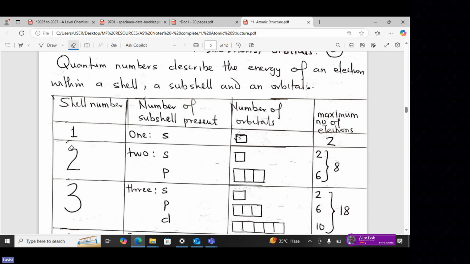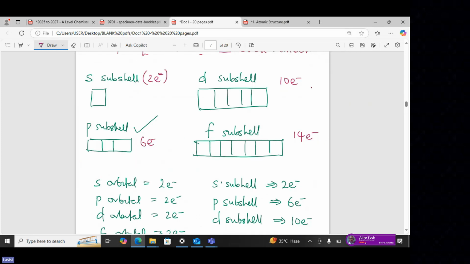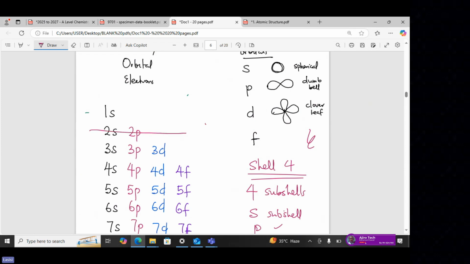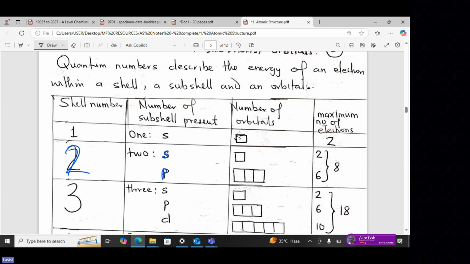Now, shell number 2 contains 2 subshells, which are the S subshell and P subshell. S subshell contains only one orbital.